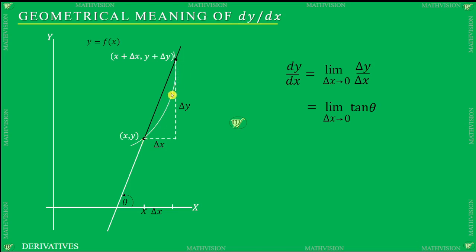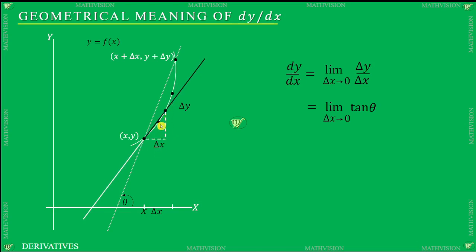Now if the point suppose comes here, in that case the secant line takes a new position for which the delta x is smaller than the previous delta x. If the point further moves along the curve and approaches here, in this case the increment delta x further reduces.